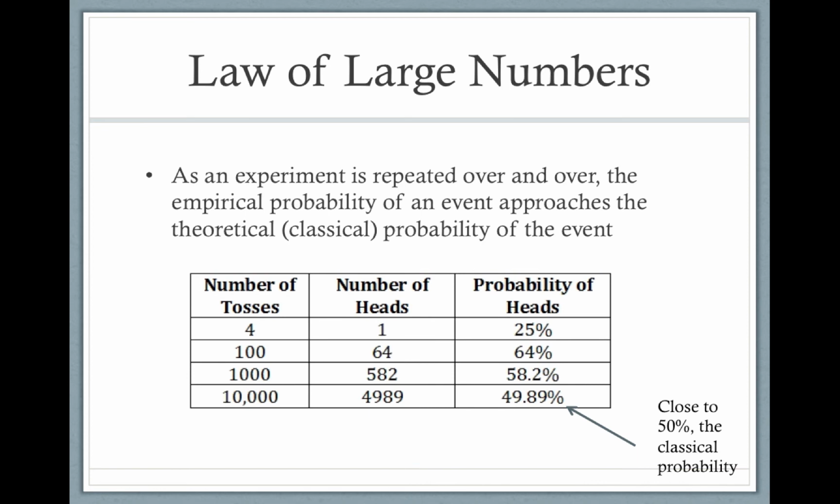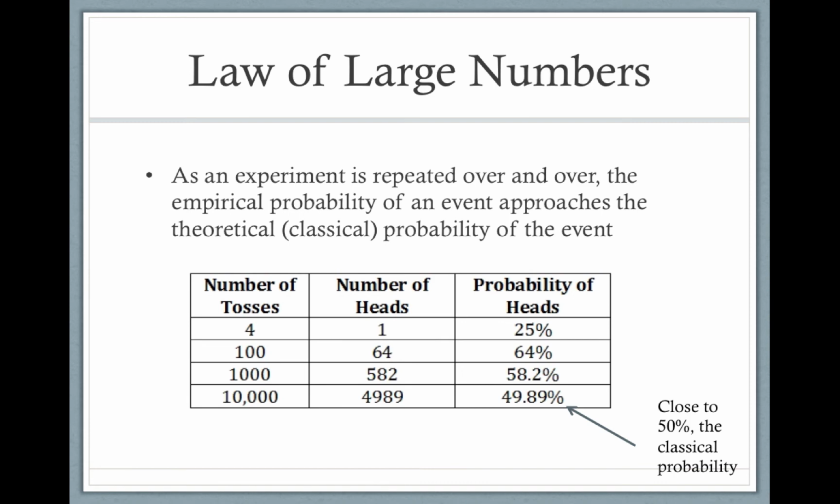All right, so the question becomes, do classical probabilities relate to empirical probabilities in any way? And the answer is yes. We actually have this huge theorem in probability called the law of large numbers, and it says that as an experiment is repeated over and over, the empirical probability of an event approaches the theoretical or classical probability of the event.